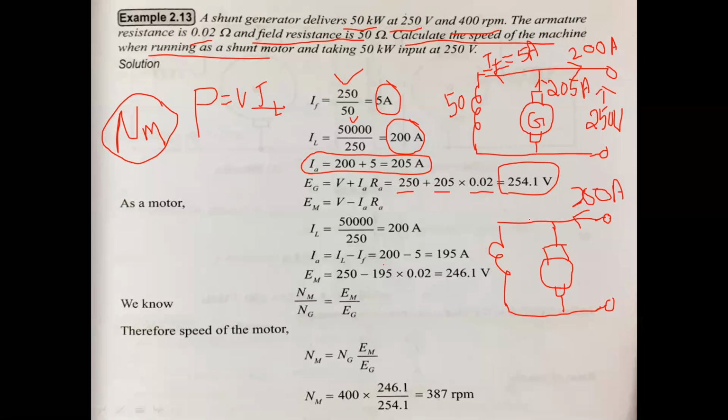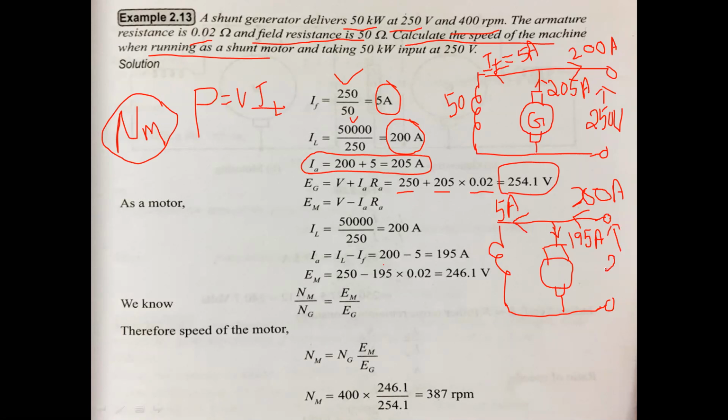The shunt field current is constant in both cases, direction and magnitude, generator as well as motor. So from this 200 amperes, the shunt field takes 5 amperes. Therefore armature current is equal to 195 amperes only.